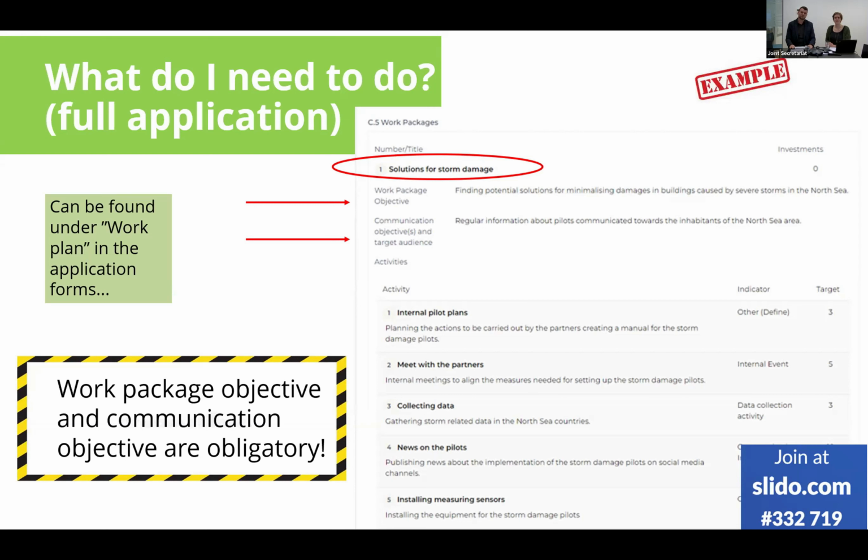And please be informed in a short takeaway notification here in the left bottom corner that the work package objective and the communication objective are obligatory. Easy, I would say, about work packages. How about activities and deliverables, Peter?